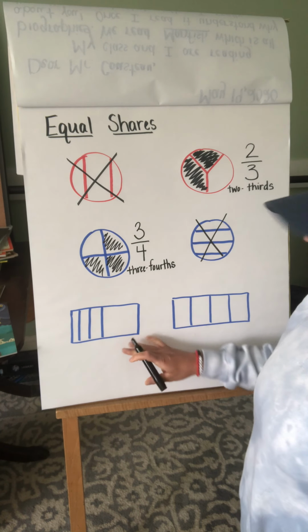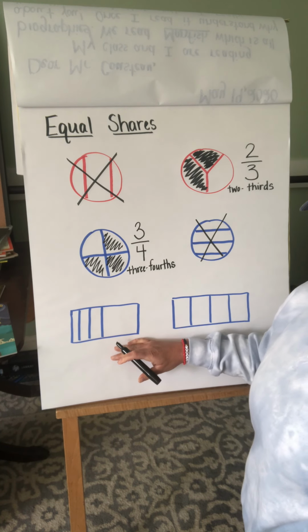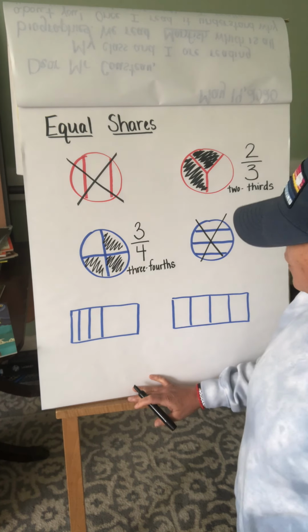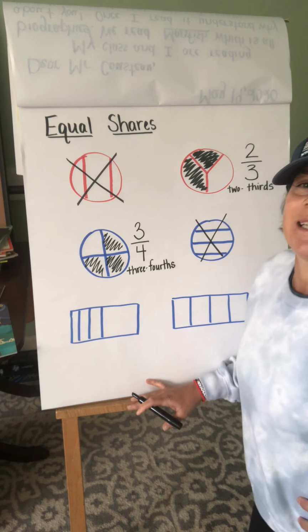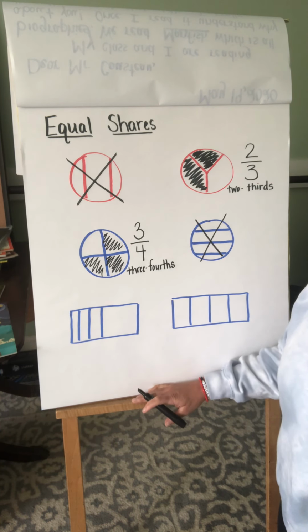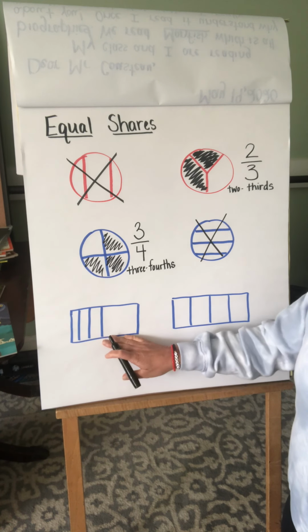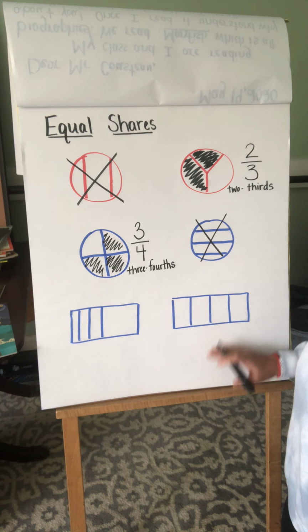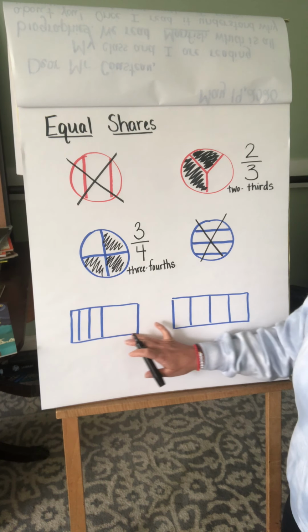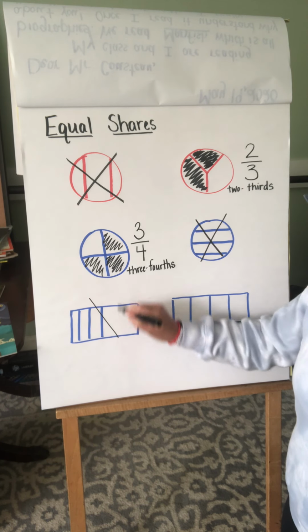All right, let's take a look down here. Instead of using circles, now I have a rectangle or a Hershey bar. Which part shows even equal parts? Which rectangle I meant to say? The first one or the second one? Well, take a look at this. Is this equal? No way.